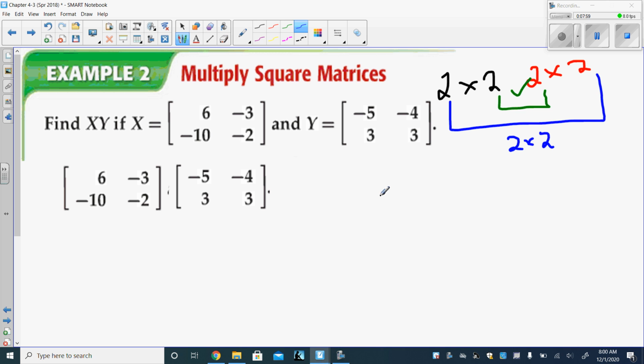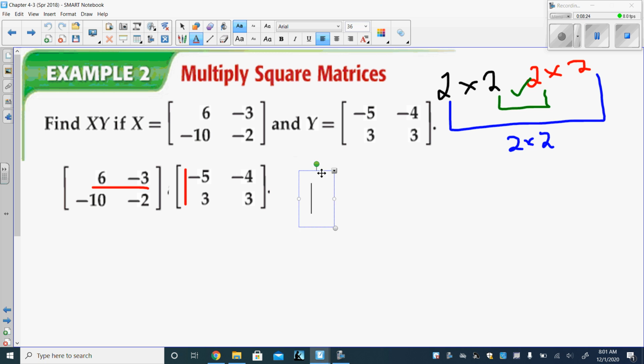Since the rows of the first match the columns of the second, we can multiply these together. And the new dimensions is going to be a 2 by 2. So that gives us an idea of what we're looking for. Okay, now we're going to go on and start multiplying. Now when we multiply, again, we go over, down.